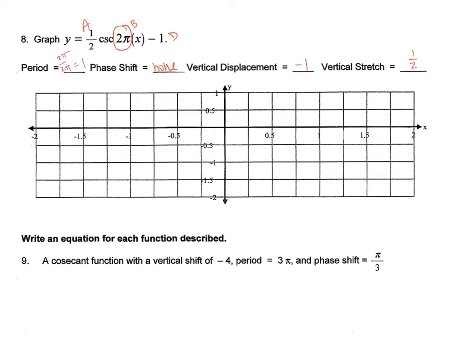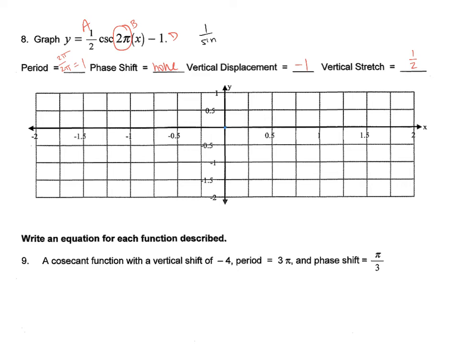Our parent function is cosecant, which is 1 over sine, so we're going to use our sine graph to make our key points. We start off with just our parent sine function, which starts at 0.